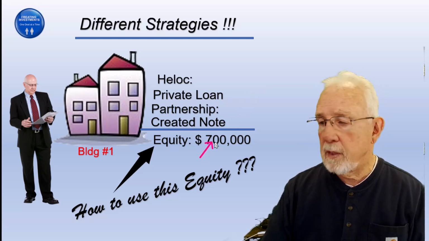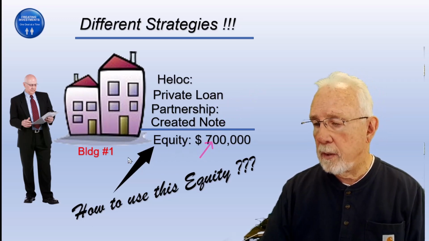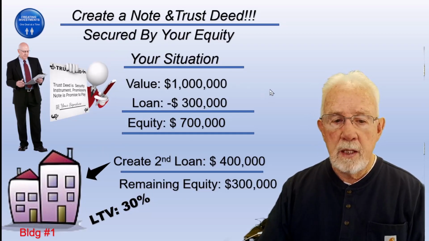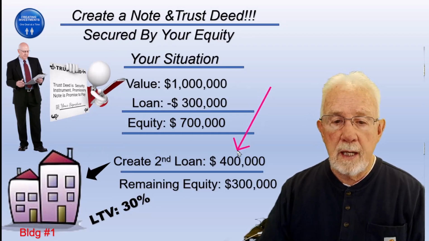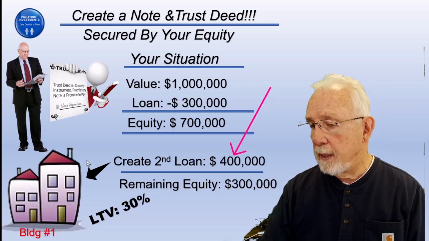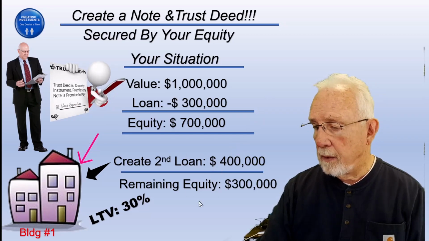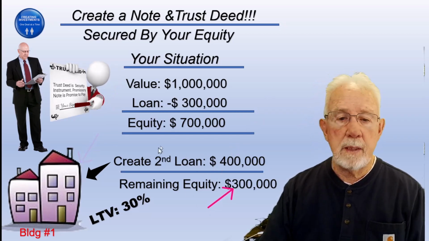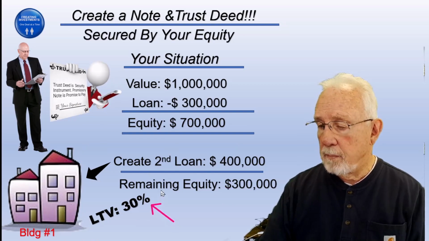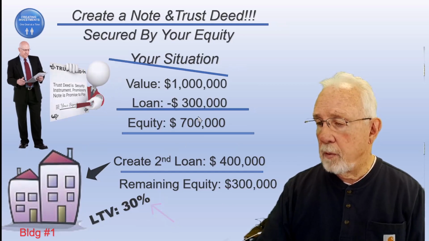Remember, we have $700,000 equity in this building. So here's your situation. If you create a $400,000 loan against your building, which will be in second position, you have a remaining equity of $300,000. That gives you an LTV of 30%, and that's really pretty good.